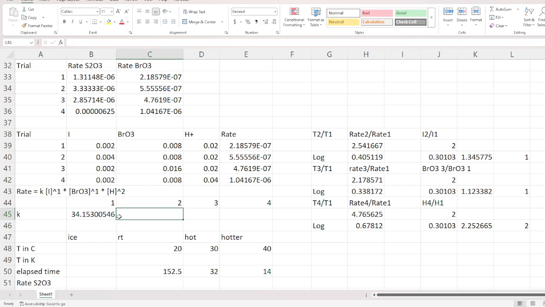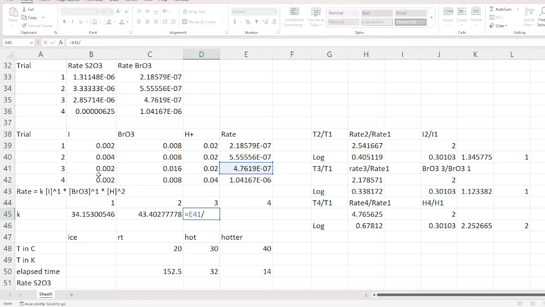And so I have a rate constant. Now, because of how I set this up, I can't just copy it over, because if I dragged this over, it would shift it to the right, not shift it down. And I want to shift it down. So if I divide this by that, do it 2 more times.